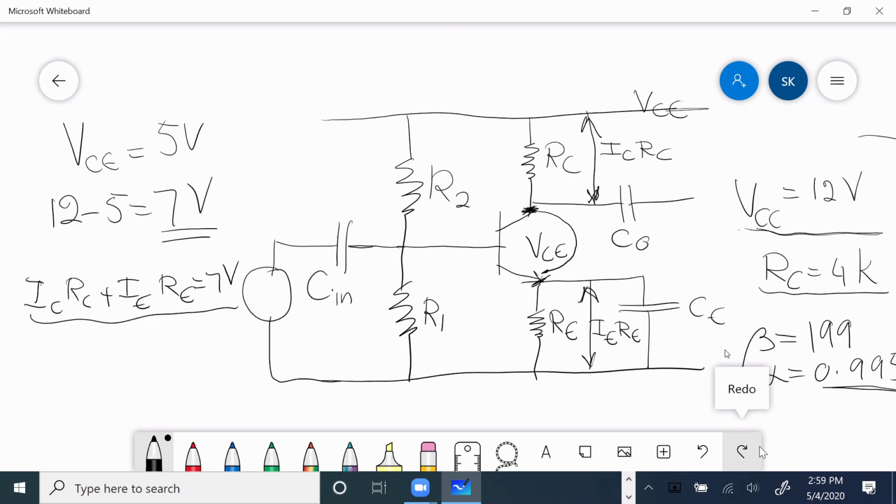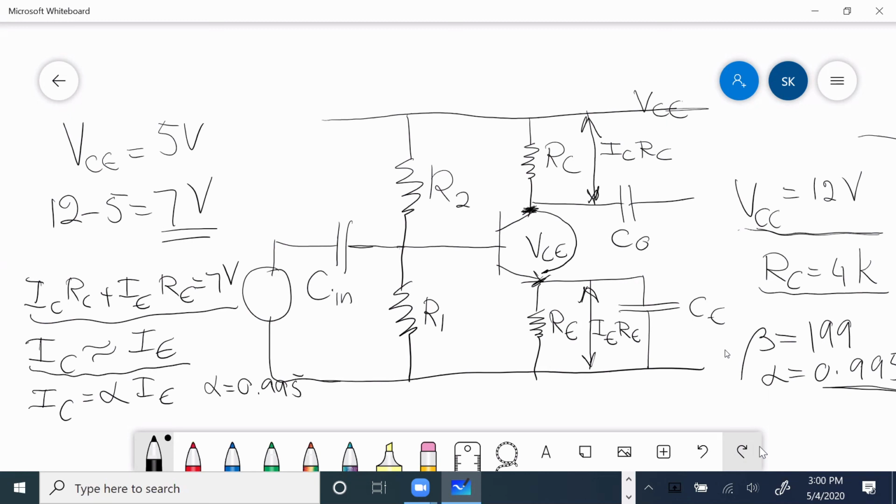But then I know that IC is almost equal to IE, because I know that IC is alpha IE, and alpha is 0.995. So really, IC is almost equal to IE.